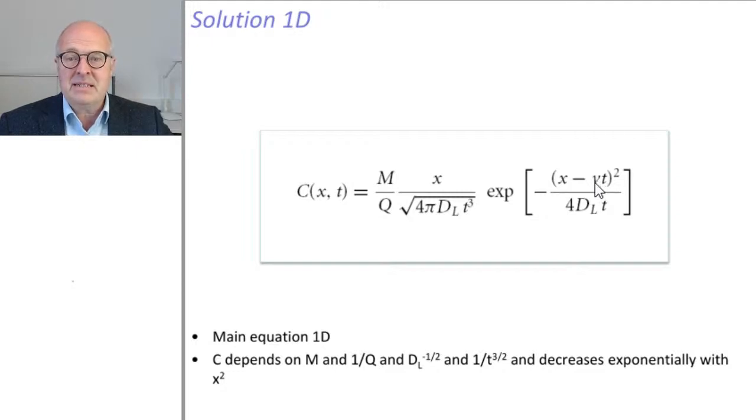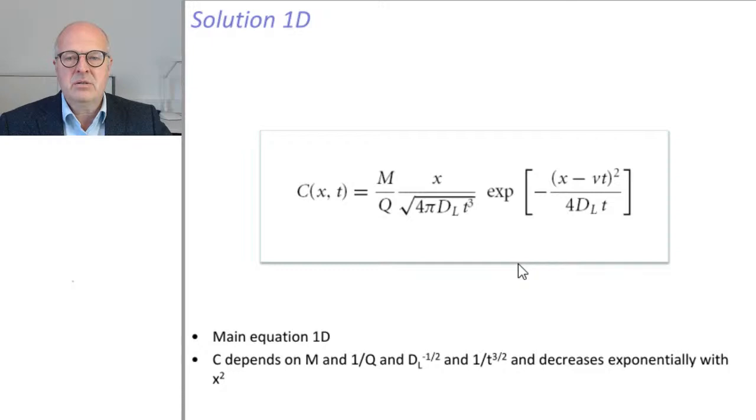And then instead of the standard deviation, we use the dispersion coefficient. The dispersion coefficient has a physical meaning and can be calculated by alpha times v, dispersivity times v, and dispersivity is 0.1 times x. So with this equation we can calculate the dispersion in rivers or in one-dimensional systems.